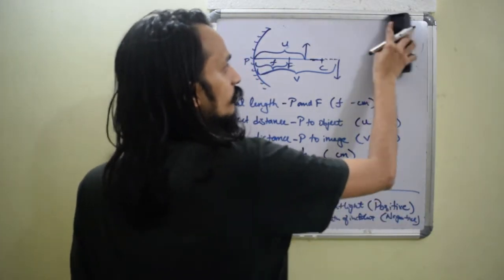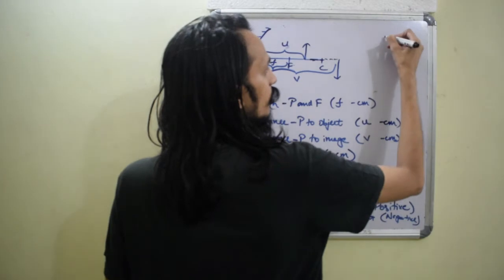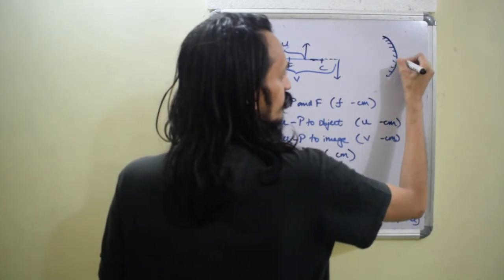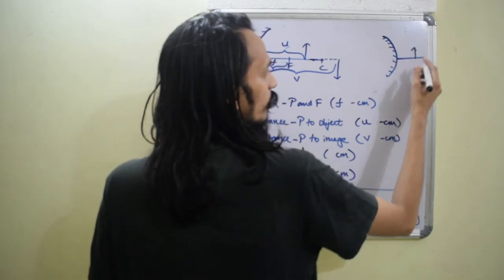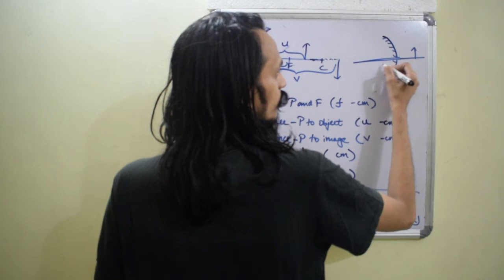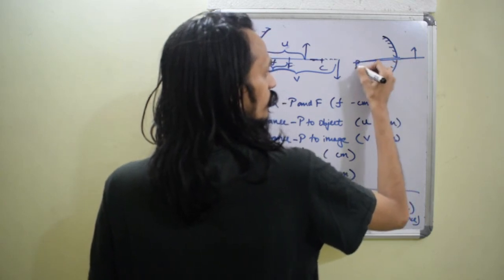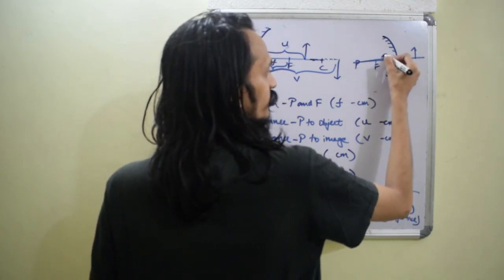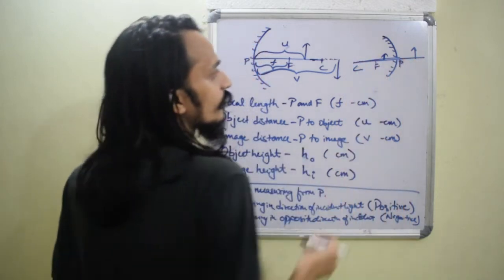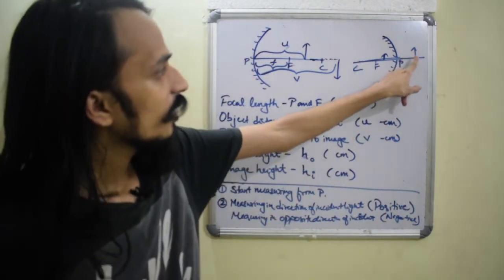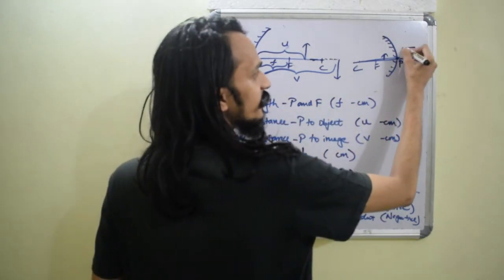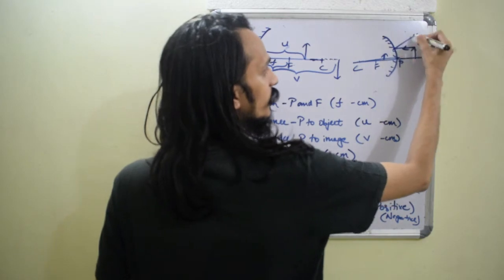So if I draw a convex mirror like this, we saw that the object is here, F, P, and the image is formed somewhere here, right? You will recall that the object is this side, the image is this side. Now, incident light is coming like this, going like that.